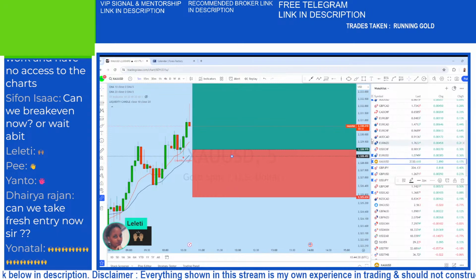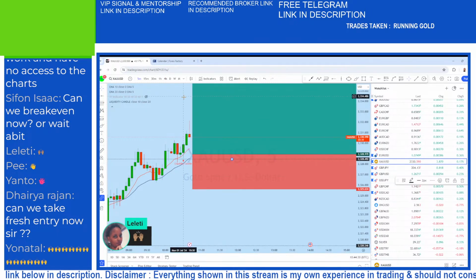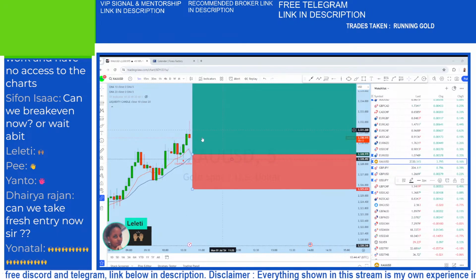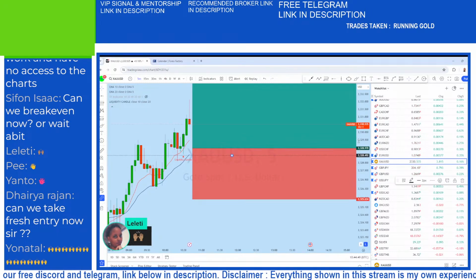2328.49. There might be a further drop or it might bounce back to the upside. Move the stop loss below the liquidity candle.